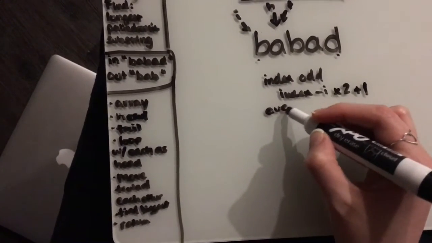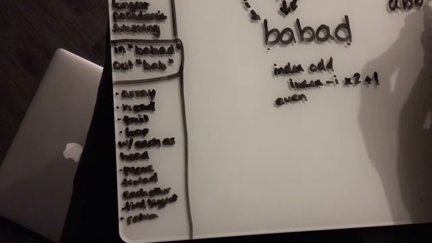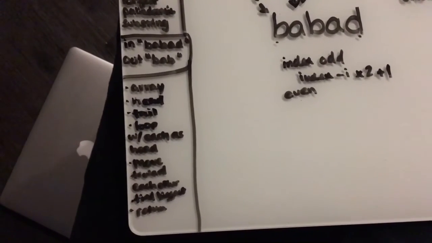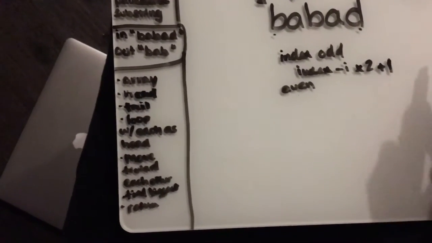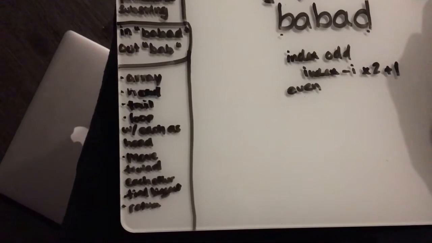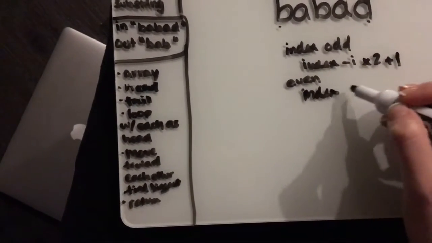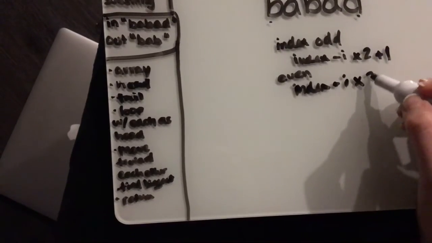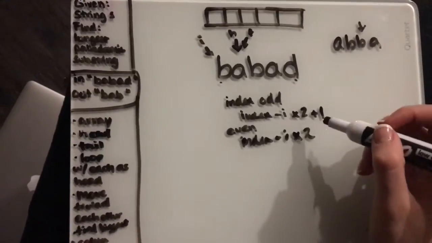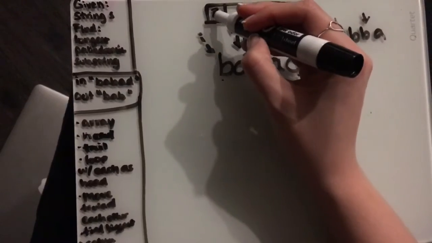If it's even, so in the case of like A, B, B, A, then we are going to do index minus I times 2. And then, since it's odd, we're going to get 3.